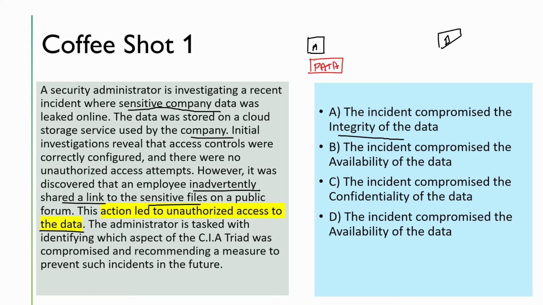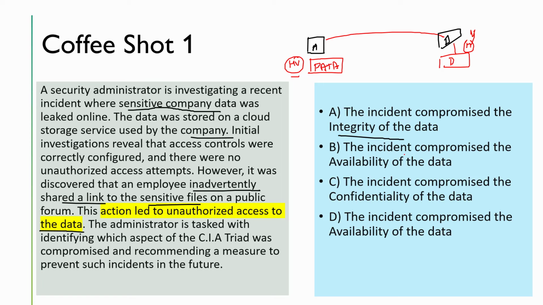When sending the data to B, A will generate a hash value of the data. A hash value is a message digest value. A will send it to B and tell B, when you download the data, check the hash value which I sent by email. Once B downloads the data, B compares the hash with what was received by email. If it's the same, it means the data is in the same state. That is called integrity. So integrity ensures data is protected from unauthorized modification.